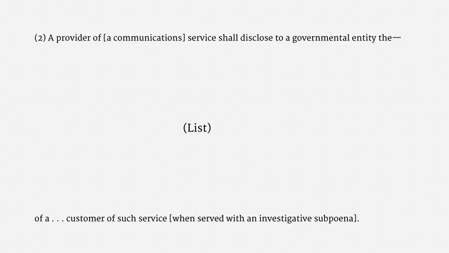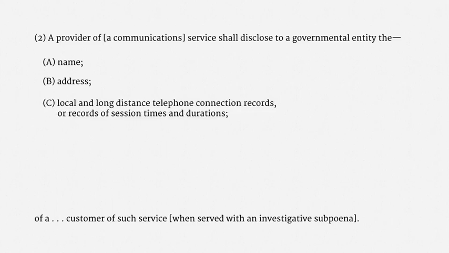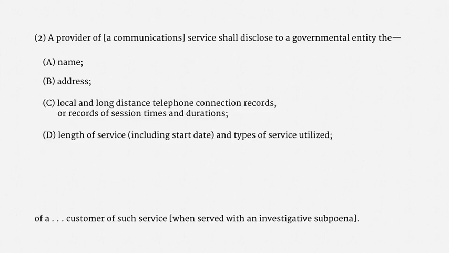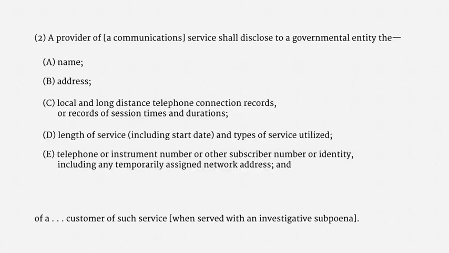So, fairly straightforward. The list of information includes exactly what we've been talking about. Account information, like a name and address, as well as call records. So, the statute's pretty clear.